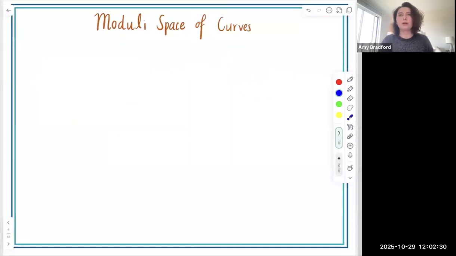So let me start off with the definition of this space, the moduli space of curves.